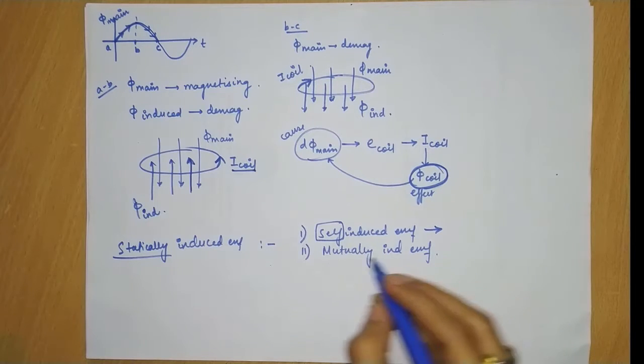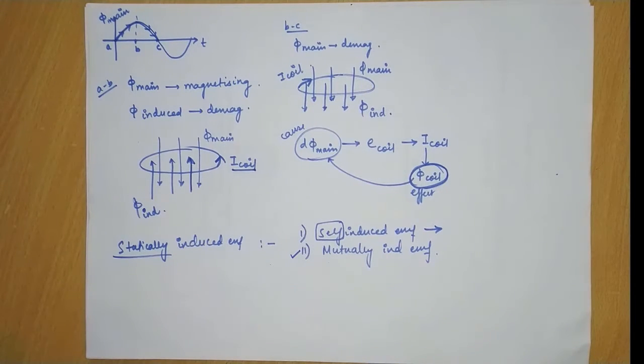Next one is the mutually induced EMF. For this, I can say that it is the EMF induced across a coil due to time-varying magnetic field produced by another coil current which is magnetically coupled to it.